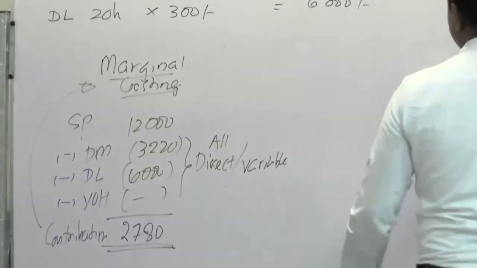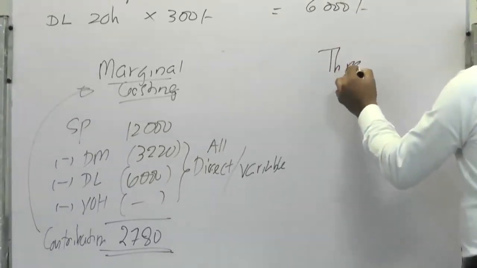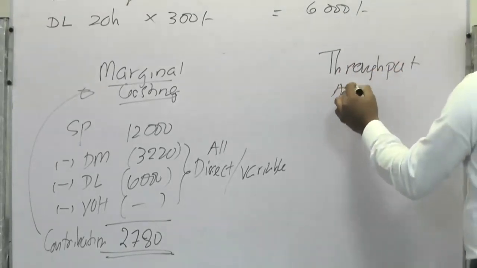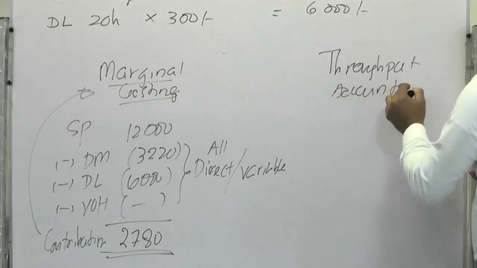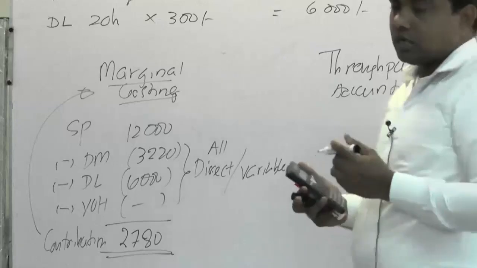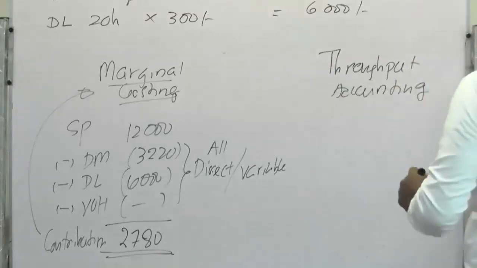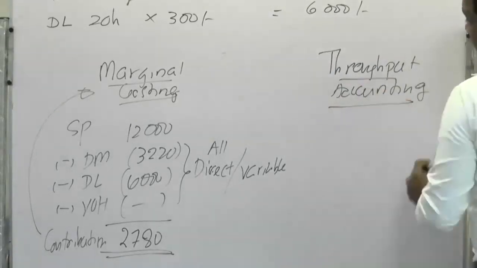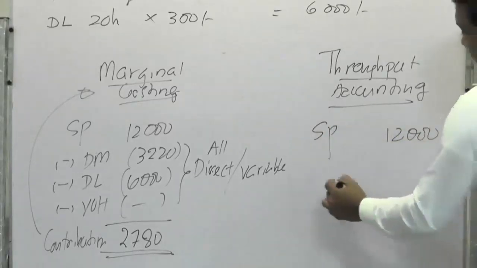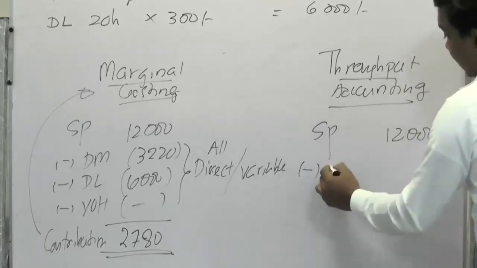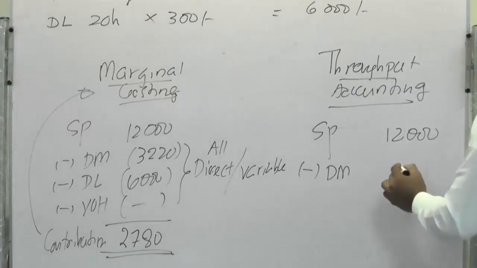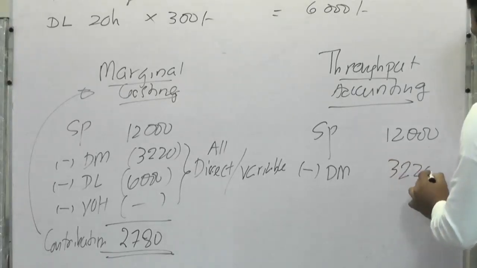There is another method that's called throughput accounting. In throughput accounting, we will consider contribution after deducting only material cost. Therefore, in throughput accounting, we will take selling price as 12,000 and we will deduct only direct material cost, that is 3,220.